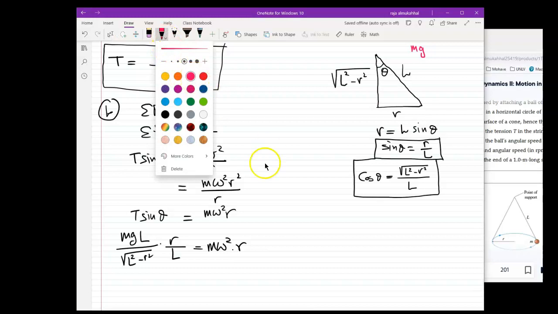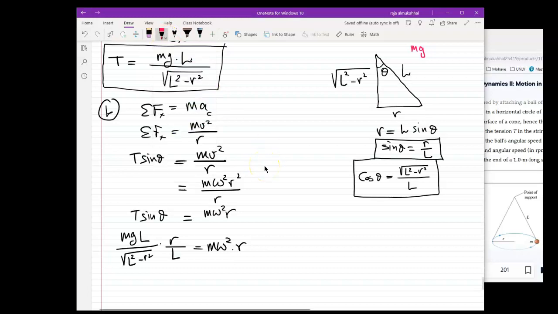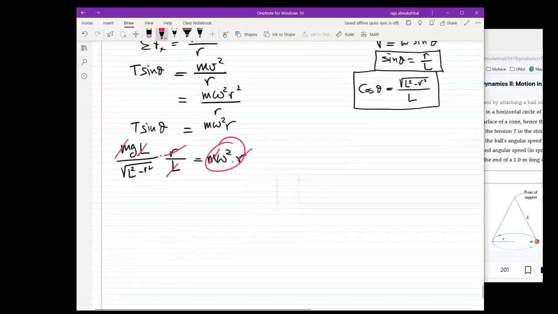I can see a lot of things are reducing. So this r and this r cancel out, this L and this L cancel out, this m and this m cancel out, and I'm basically left with the omega squared, which is really nice.